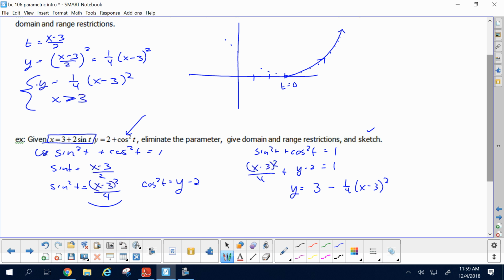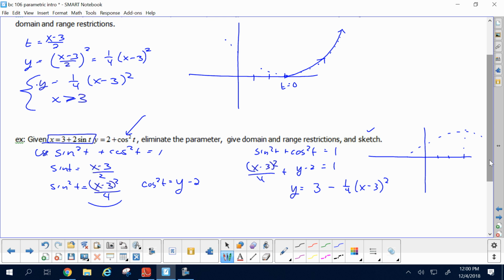You follow? Yeah. All right then. I know then that this is a parabola changed how? Right? Right 3 and up 3, opening wide or narrow, and up or down? Down. So my potential parabola looks something like that.